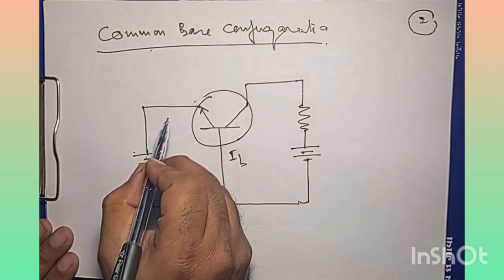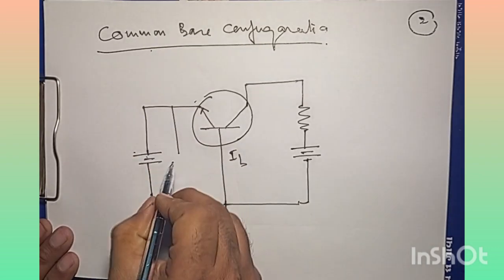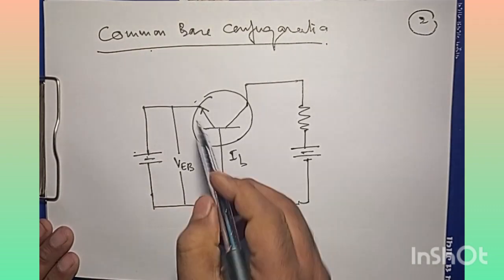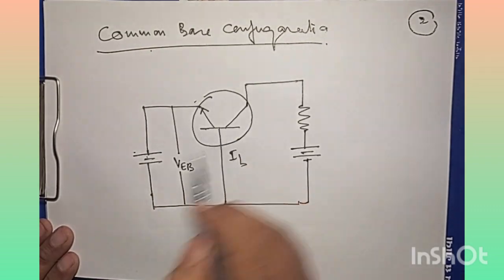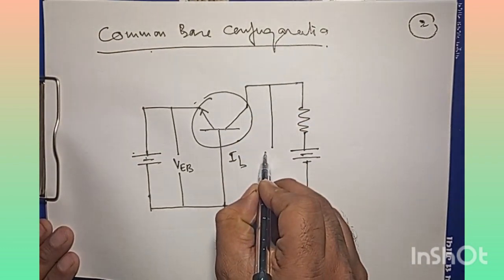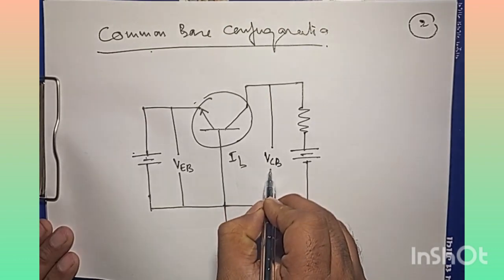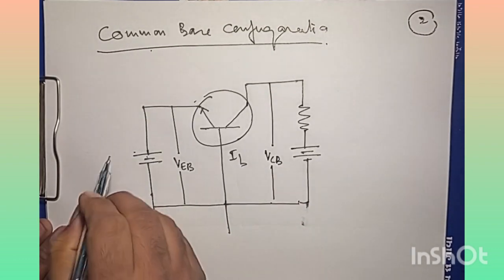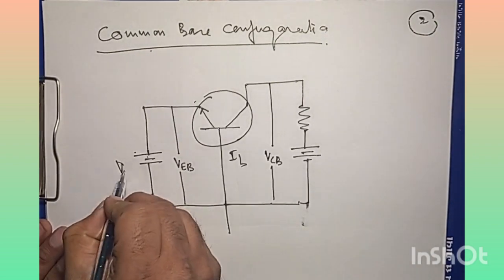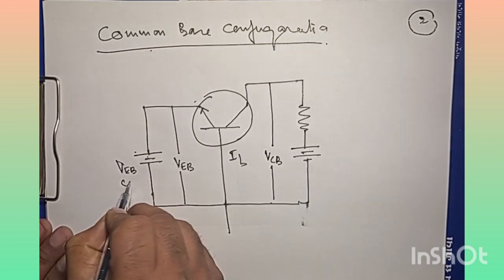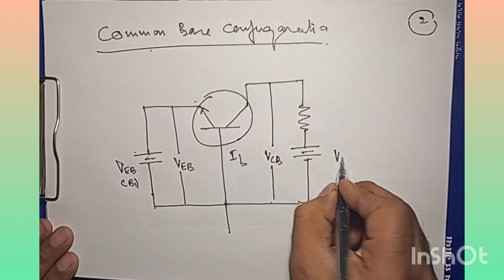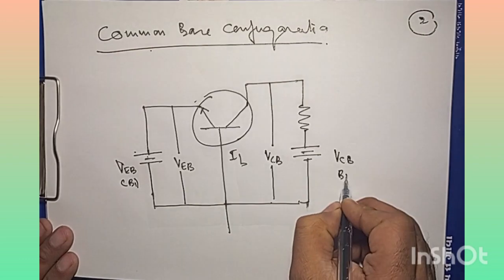Now here we can see that there is a voltage between emitter and base. So this is VEB, the voltage across emitter and base. And here we will have VCB, that is collector base voltage, right? I can name this battery as B1, and this battery as B2.